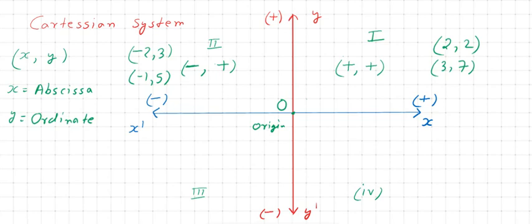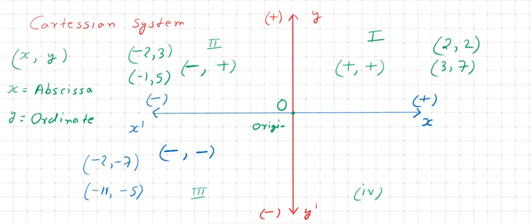Now beta ji, come to the third quadrant. In the third quadrant, x is negative, so we write a negative sign. Y is also negative, so we write a negative sign. So numbers like -2 comma -7, or -11 comma -5, you can take anything, where both coordinates are negative, are kept in the third quadrant.